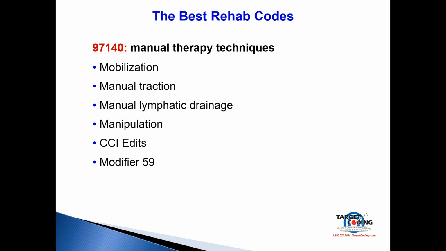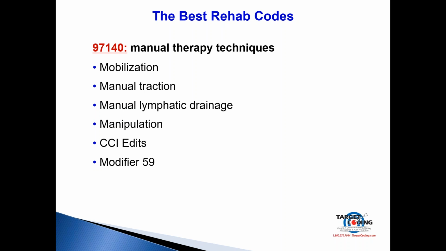I've been teaching this CCI edit on 97140 for many years now, yet many providers are still doing it incorrectly. I am working on an audit right now, a pretty big one, from United Healthcare Optum, where they're asking a provider for thousands and thousands of dollars back.